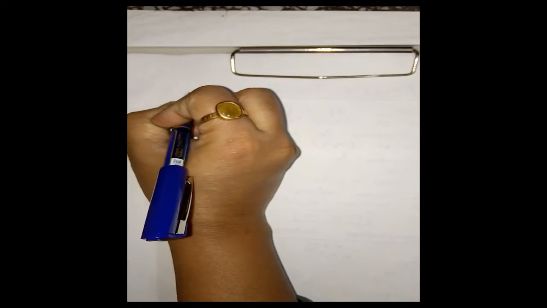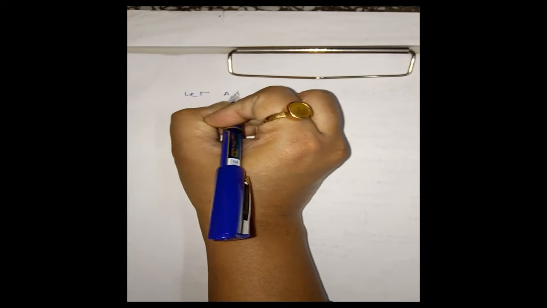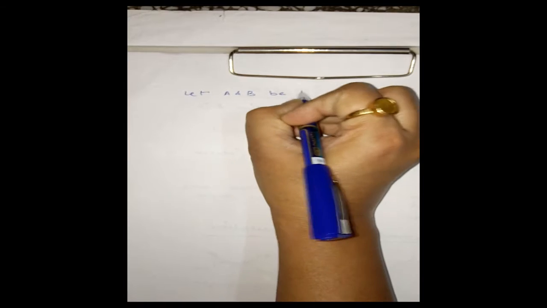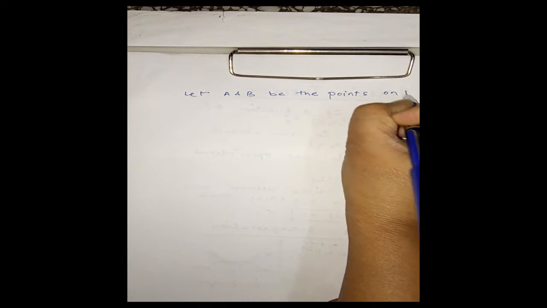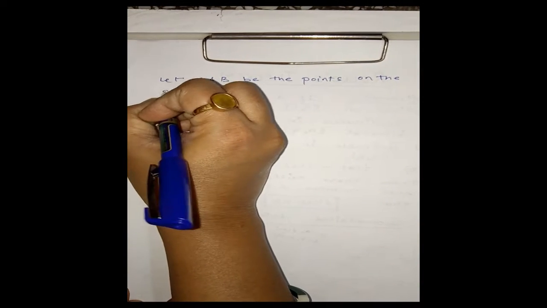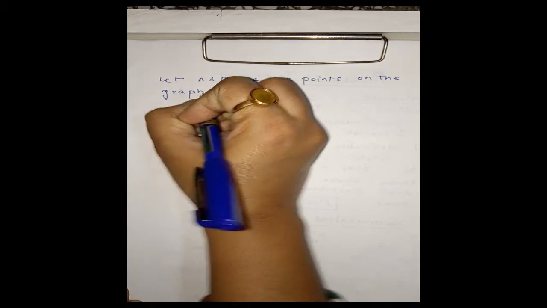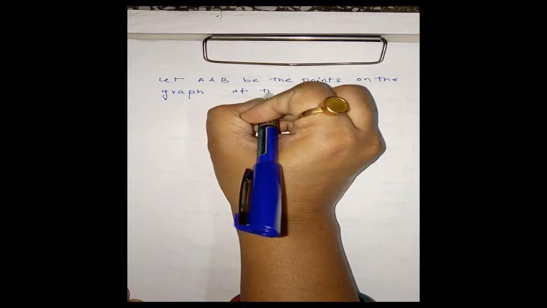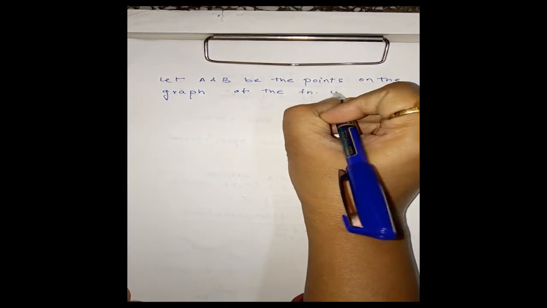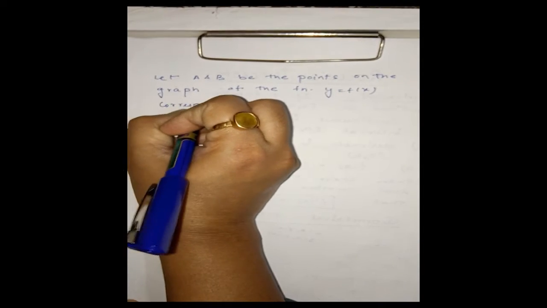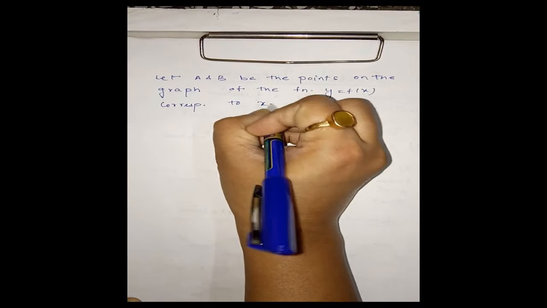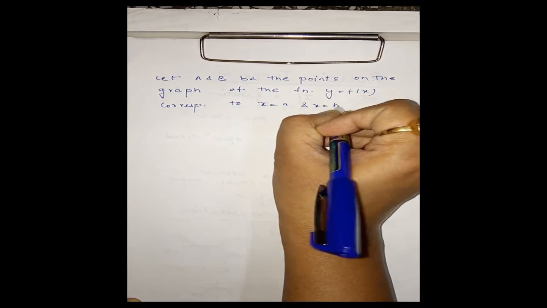Let A and B be the points on the graph of the function y = f(x) corresponding to x = a and x = b respectively.